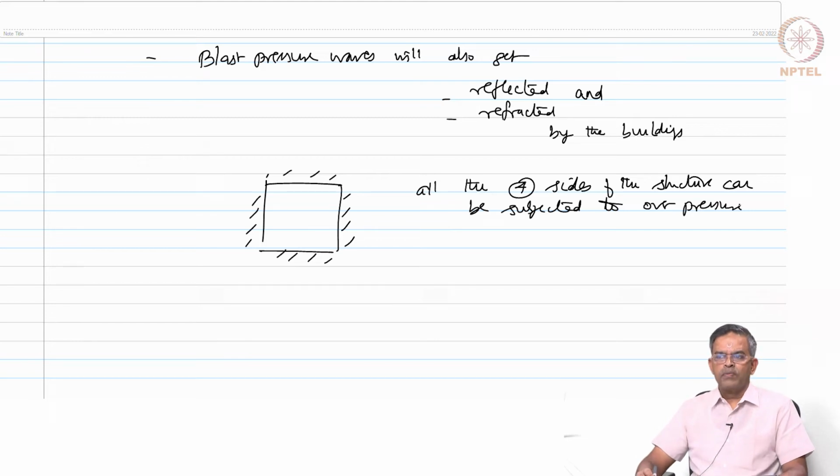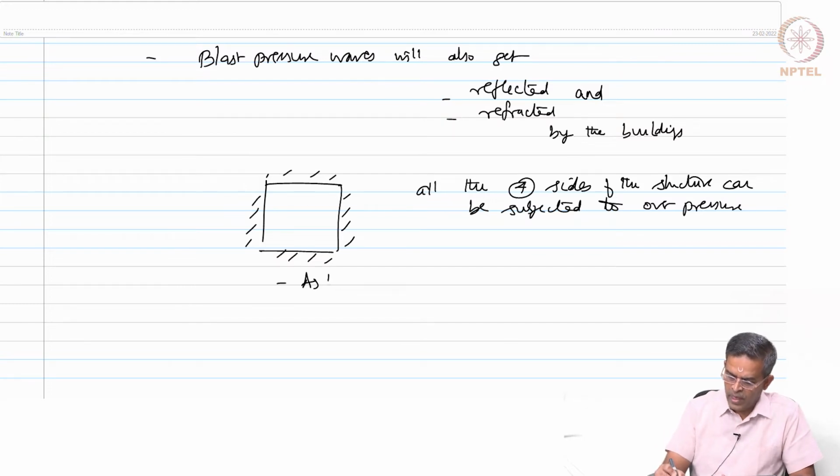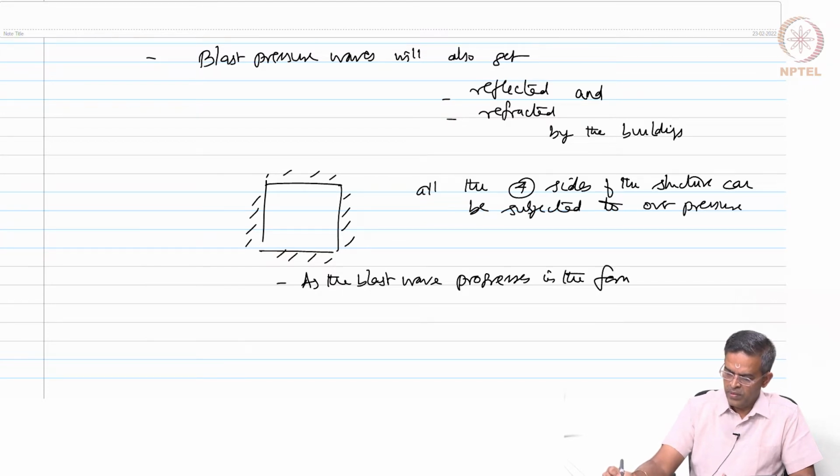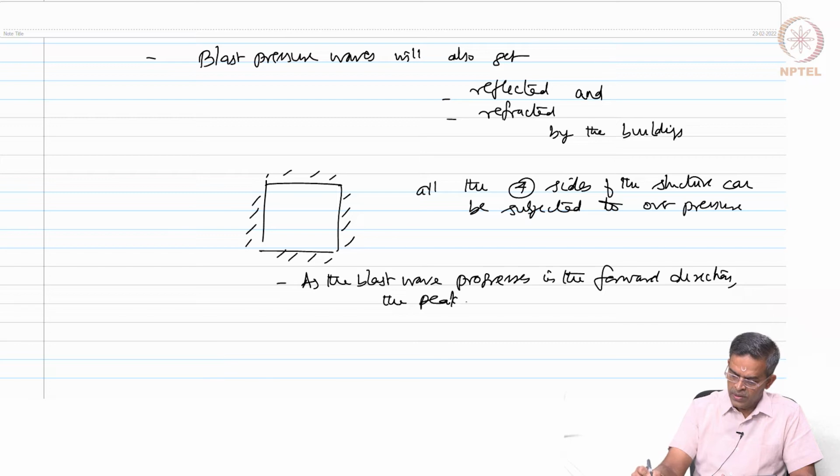The peak overpressure decreases as the wave moves farther. So, as the blast wave progresses in the forward direction, the peak overpressure decreases.